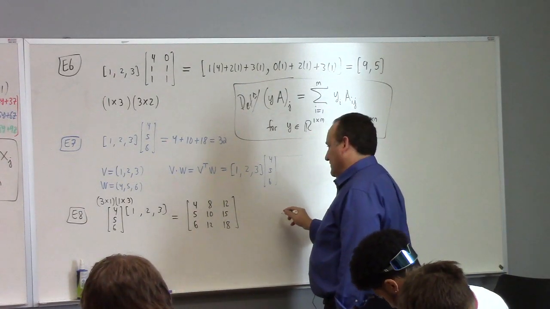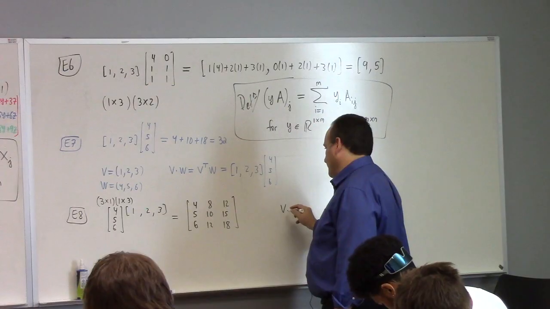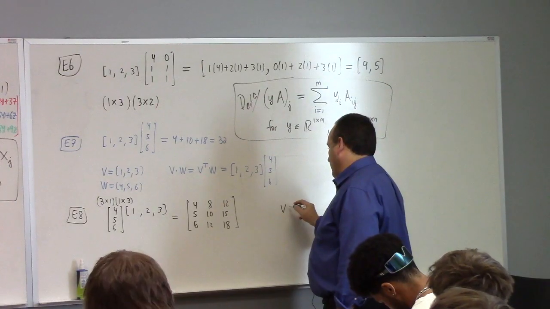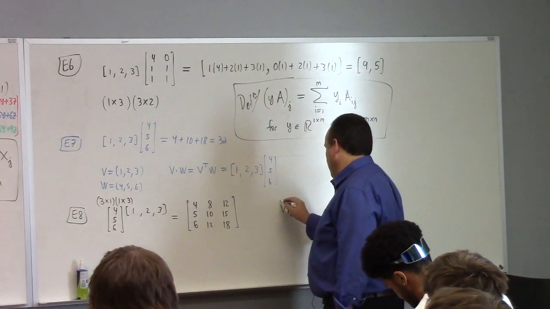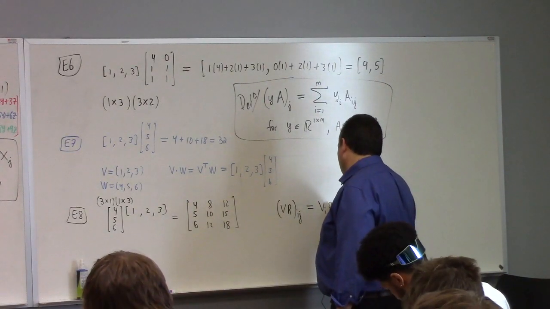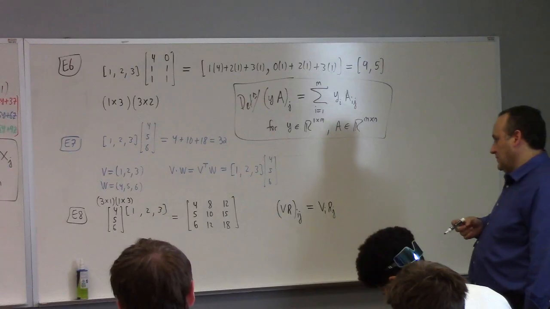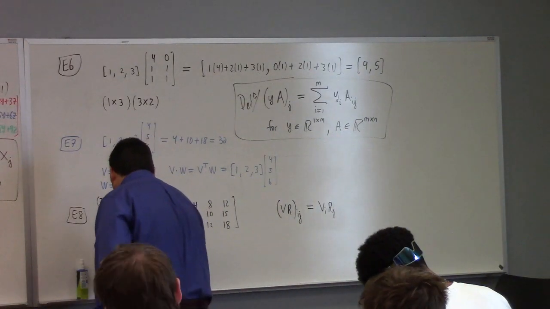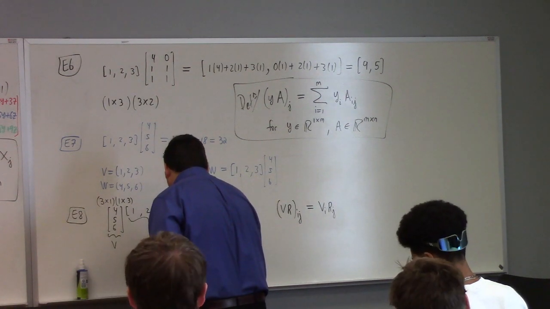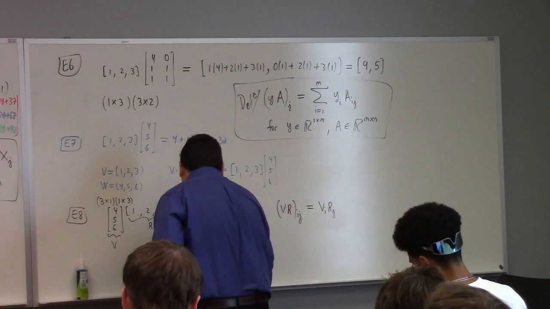In this particular context, if v is a column vector and r is a row vector, and you're talking about the ijth component of that, well, it's just equal to v_i r_j. So here, if this is my v and this is my r, this 4 is v r 11, which is, by the way, v 1 times r 1.